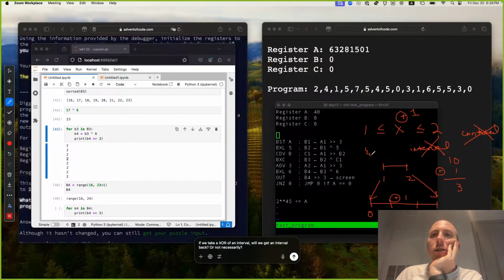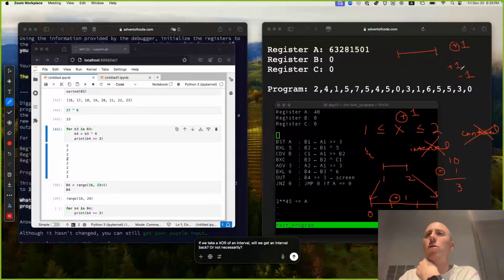Maybe the last thing I'm wondering is, will the Zor of an interval result in a bijection, or could that be lost? If you have an interval, let's consider Zoring with 1. All that's going to do is either add 1 or subtract 1. The only time a number could be mapped to by both is if it's a consecutive number and the lower number had the +1.